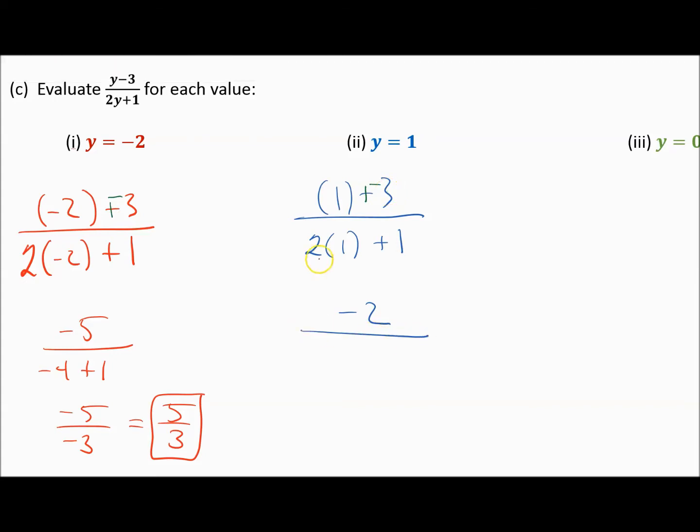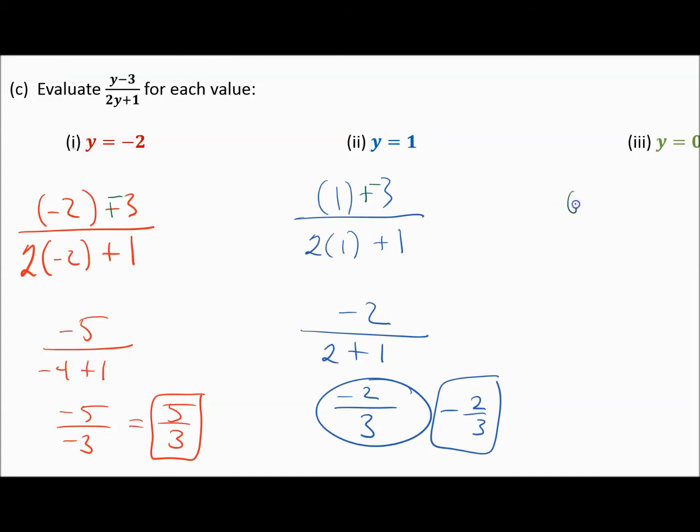Alright, in the denominator, 2 times 1, multiplication comes before addition, and then I add to get 3, and a negative divided by a positive is overall a negative, so negative 2/3 is an acceptable answer, or negative 2 over 3 is an acceptable answer. And then the last problem, we're going to let y equals 0.